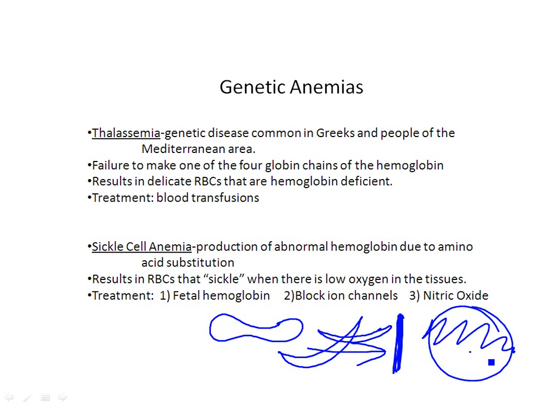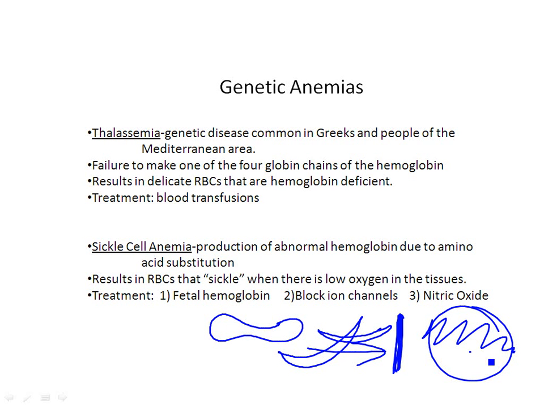There are not any really standard treatments right now for sickle cell anemia. They've worked with trying to use fetal hemoglobin for some of these patients because fetal hemoglobin won't sickle. If you can get the patient to start creating their own fetal hemoglobin, if you can get those genes turned on, then the patient has a better chance of not having problems.